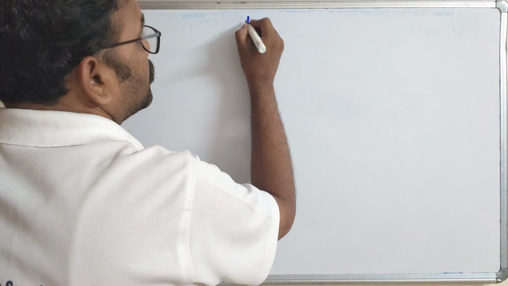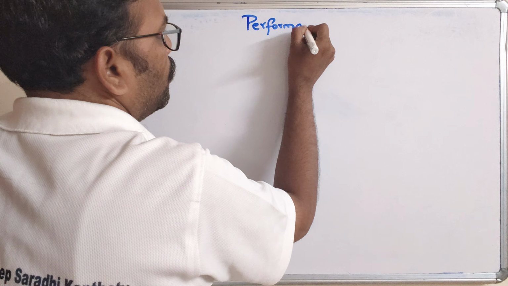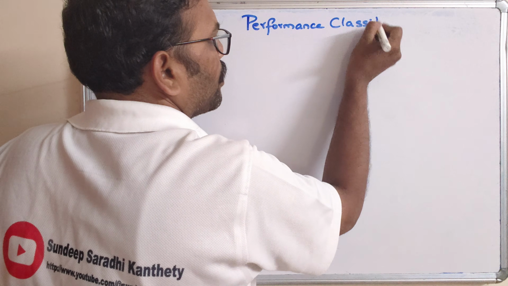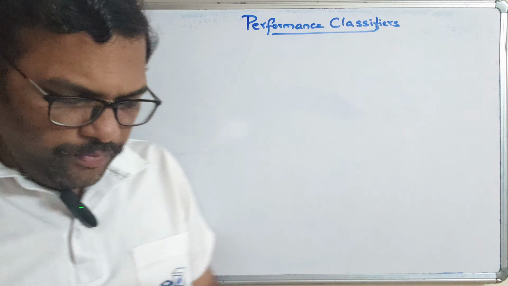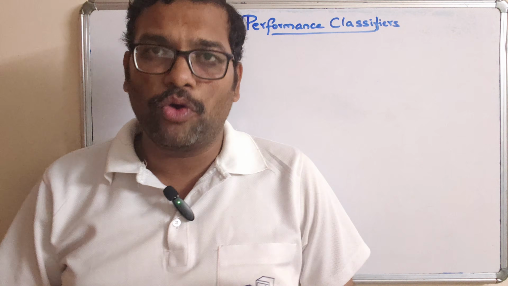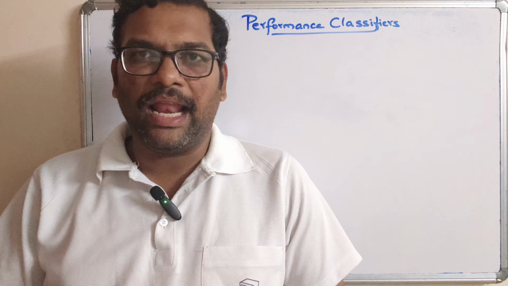Today we'll see one more important concept in machine learning, that is performance classifiers. In our previous session we discussed different classification models, which predict the output or a class.